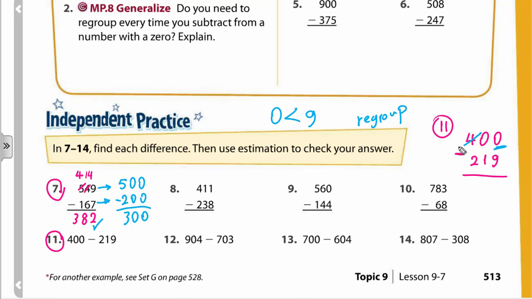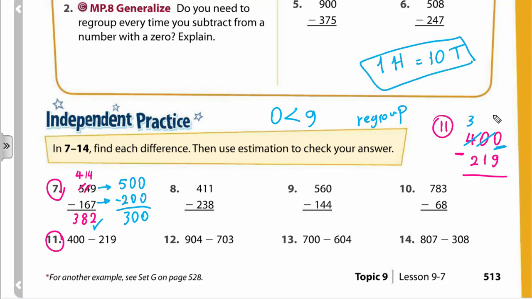So we will take one from the 4. It will be 3, and the 0 in the tens will be 0, but we need to move one from the hundreds to the tens. 1 hundred is not equal to 1 ten. 1 hundred equals 10 tens.